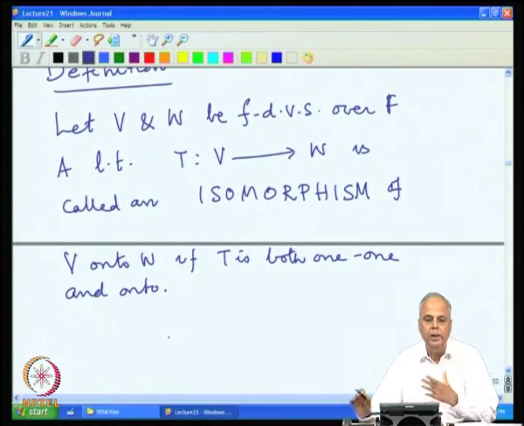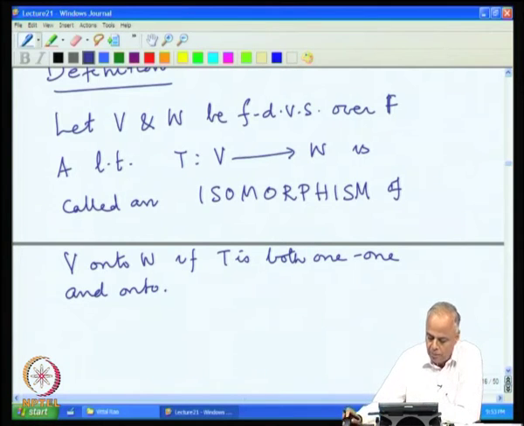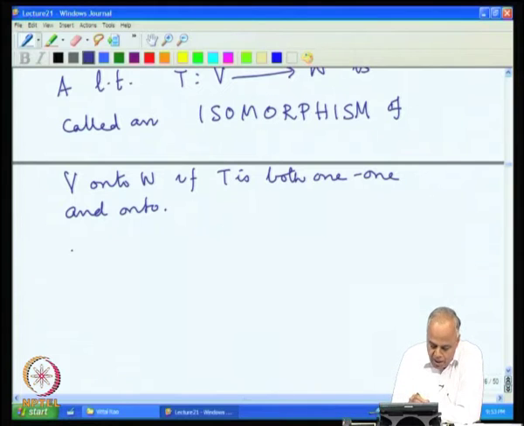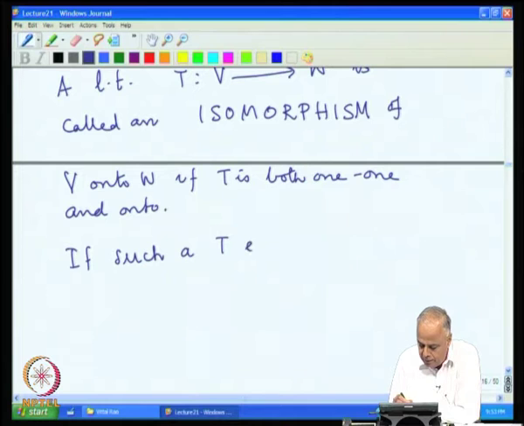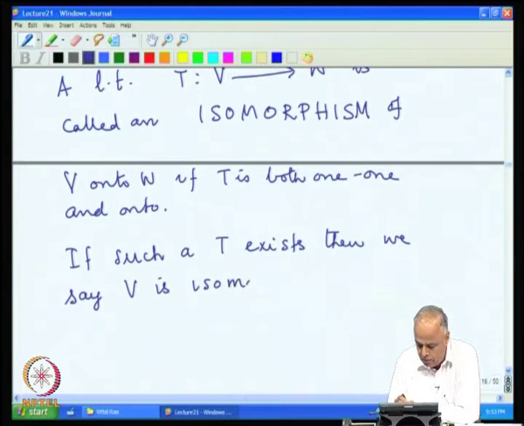So, if you have a linear transformation from a finite dimensional vector space V to a finite dimensional vector space W, which is both 1-1 and onto, then we call such a linear transformation an isomorphism from V onto W. If such a T exists, then we say V is isomorphic to W.